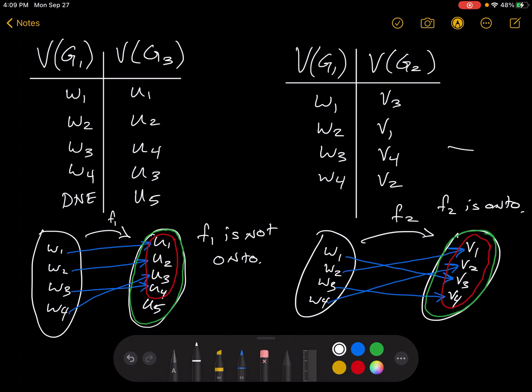Whereas looking at f2, you can see there are no blanks there. So if you have a blank spot in the column on the left, then it's not onto. So that tells me not onto. Over here, there are no blanks, so we know this is onto.